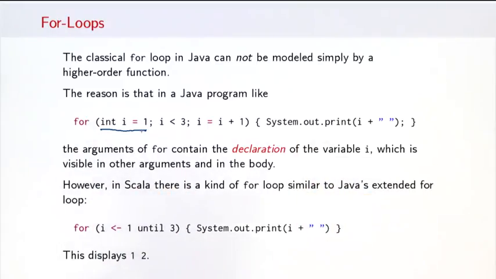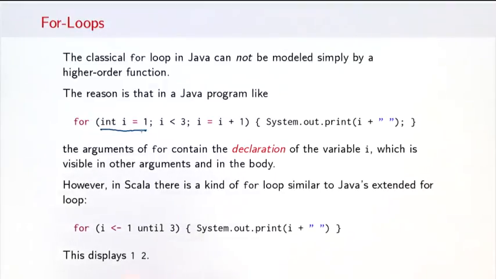What it has is a kind of for loop that's similar to Java's extended for loop. So you would write something that's equivalent to the example up here, like this. For i ranging over 1 until 3, System.out.print i plus space. And that would display 1 and 2.